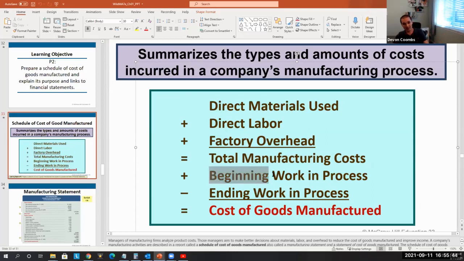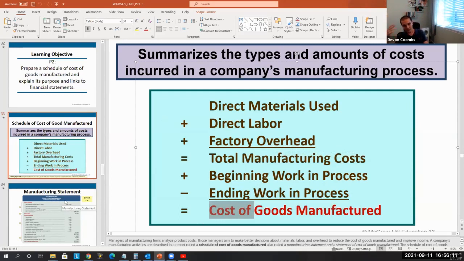Then if we add in our beginning work in process, which we also call WIP, by the way, W-I-P, and then subtract out what was in our ending, we have cost of goods manufactured. So we're saying, how much cost did we use? What are our total costs? Add in whatever we started with, subtract out whatever we ended with, and then this is the cost of everything that was actually manufactured in the period.